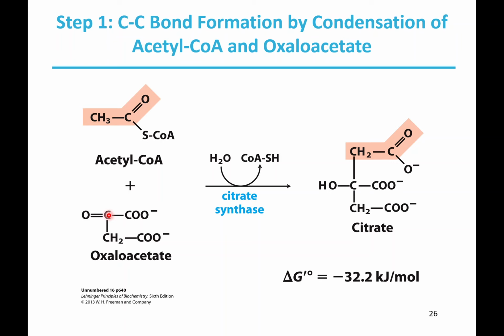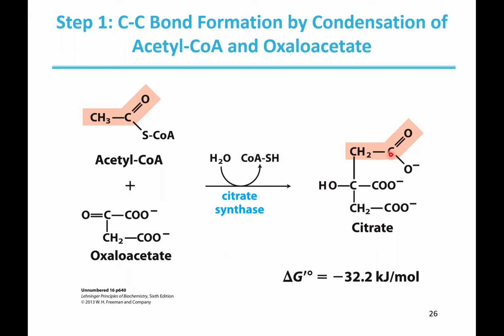One middle carbon is a carbonyl, and the other middle carbon is a CH2, methylene. So this enzyme, citrate synthase, takes acetyl-CoA and oxaloacetate, and it makes citrate.